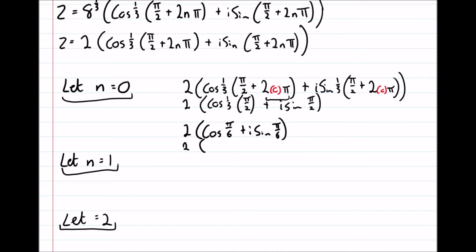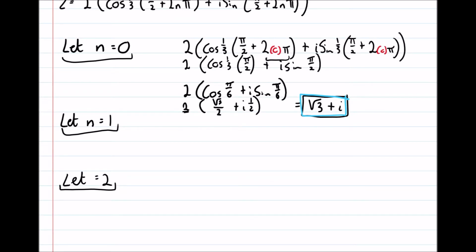And cos pi over 6 then is root 3 over 2 plus I sine pi over 6, which is I half. And we have to multiply it by the 2, so that would be root 3 plus I. So there is one of my answers, or one of my roots.